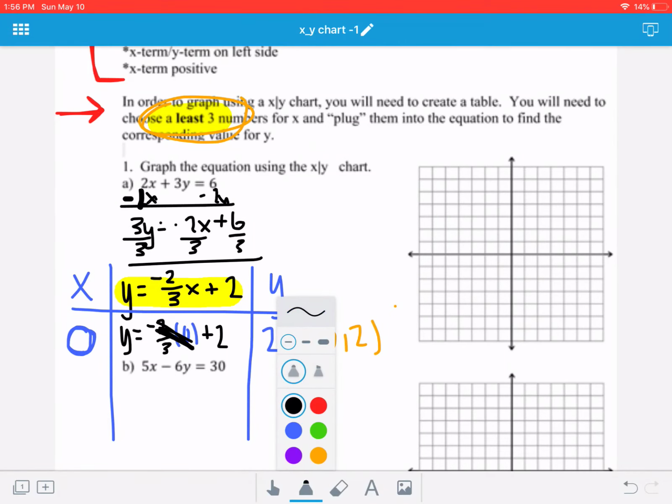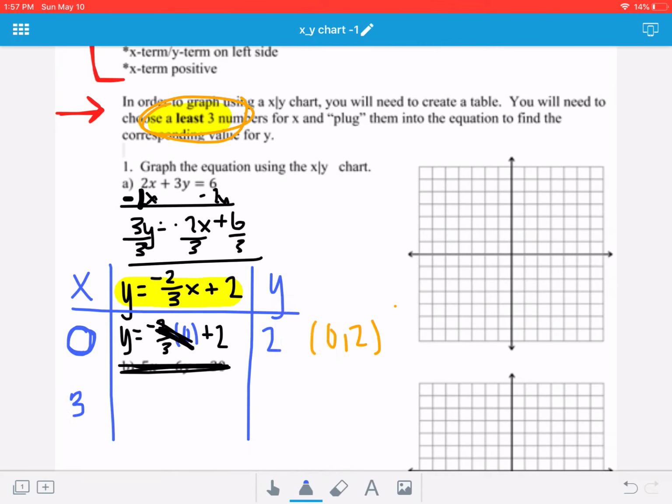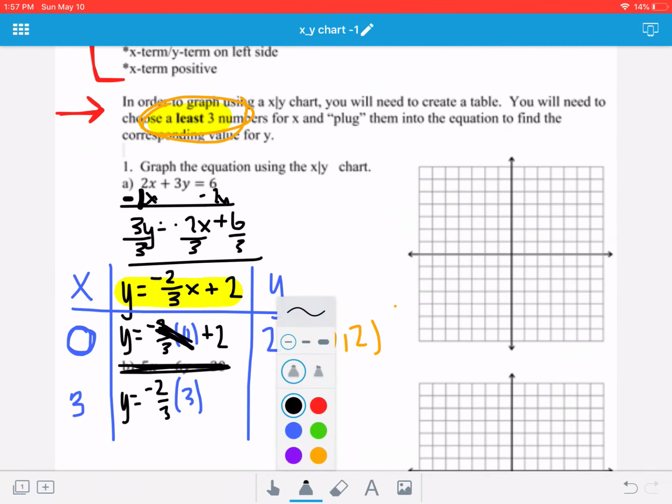So for my next one, it doesn't really matter, but here I'm going to use a number that is divisible by 3 since I'm multiplying it by negative 2/3. So I'm going to pick positive 3 to plug in. Y equals negative 2/3 times 3 plus 2.